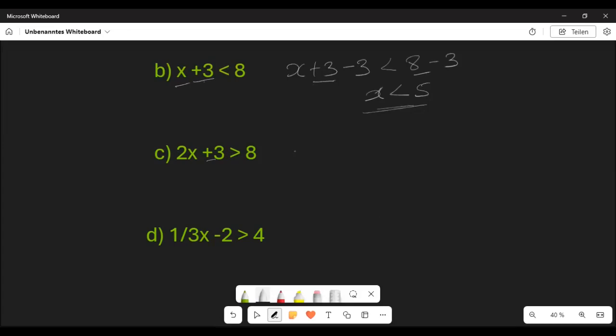So to rewrite this, we say 2x plus 3 minus 3 is greater than 8 minus 3. At this juncture, plus 3 minus 3 gives us 0, so we have 2x is greater than 8 minus 3, which gives us 5.